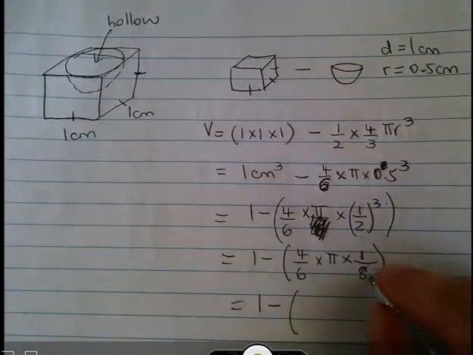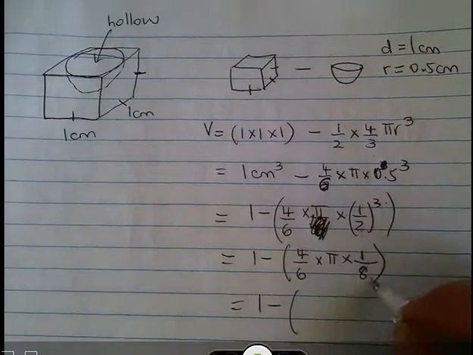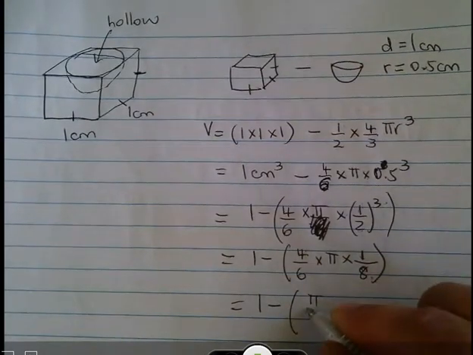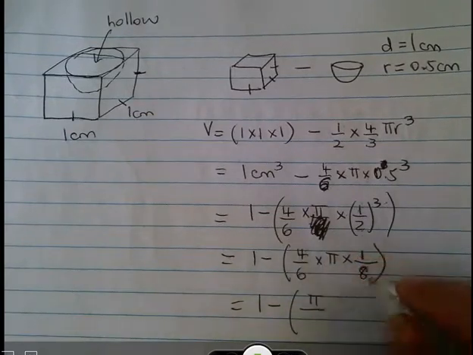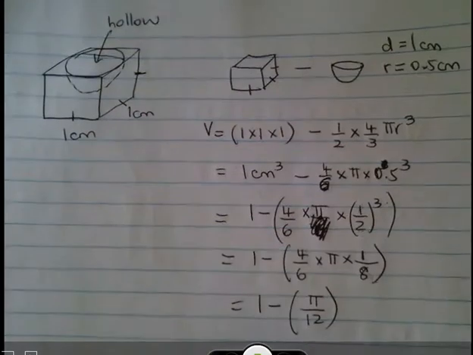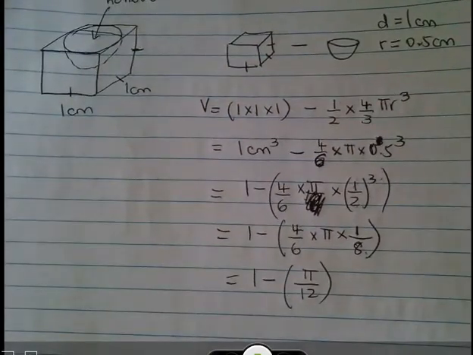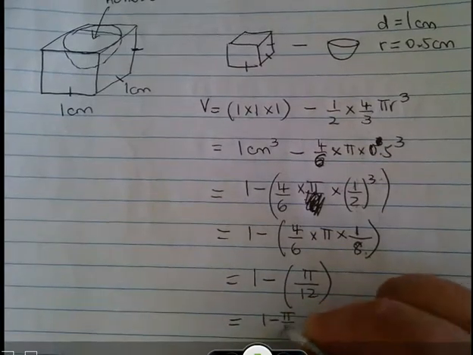Doesn't 4 and... Come on. Yeah, 1 and 2 at the bottom. Tell me what it is. Pi on 12, or it's 4 pi on 48. It's pi on 12. And girls, you can do it with a calculator, it's fine. So it's 1 minus pi on 12.